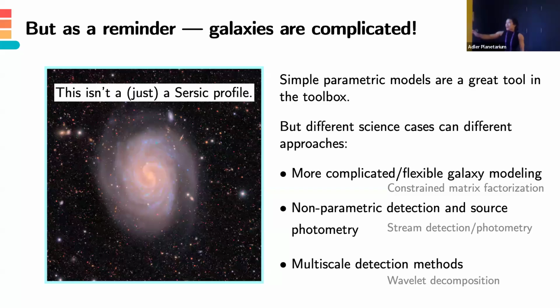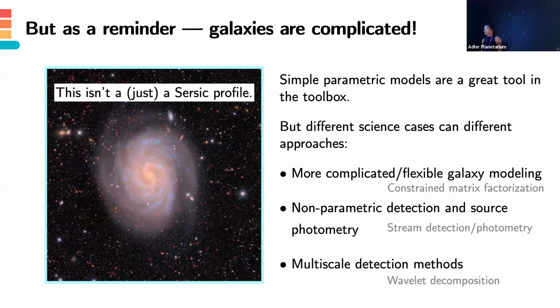And then also multi-scale detection methods. So another thing we might like to do is say, okay, we have this whole galaxy and we'd like to not just detect the boundaries of what is and isn't the galaxy like this, but maybe we do want to segment out some of this substructure while maintaining the knowledge that it is part of this wider galaxy.